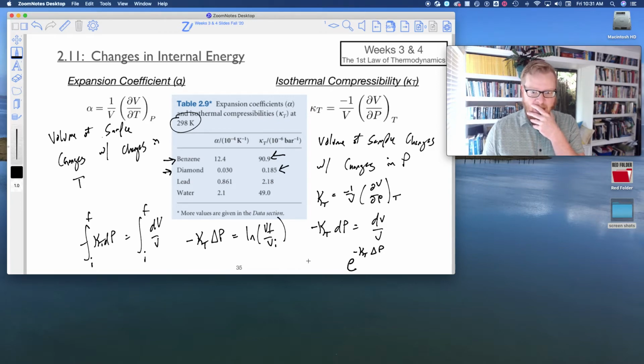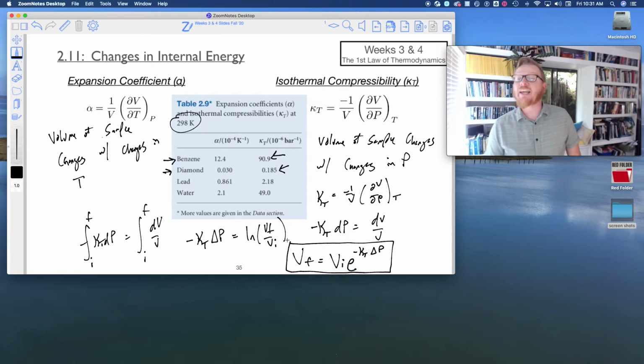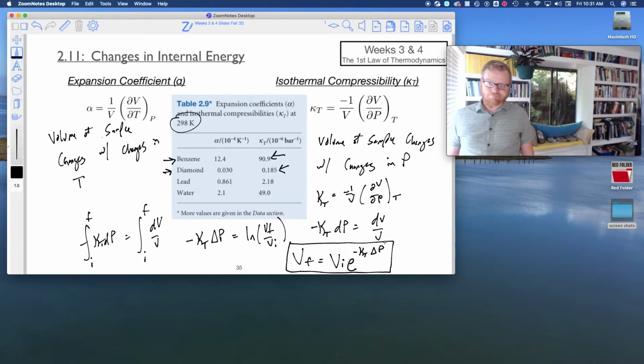I'm going to move VI over to this side, so that's going to go in front of the exponential, and then finally, that's VF. So now what this formula gives me is a way of calculating what the final volume would be, given that I know the initial volume and the change of pressure.